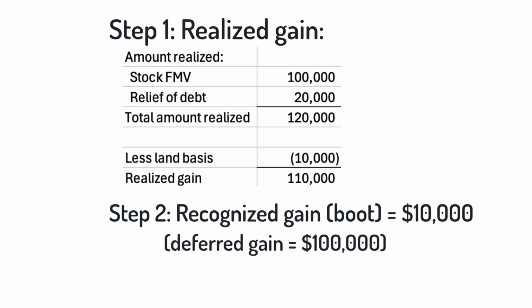If we were to go on to step 3 to determine the character of this $10,000 of gain, that would depend on what the character of the land was to the shareholder before she contributed it to the corporation. The character could be ordinary, it could be Section 1231 gain, or it could be capital gain.